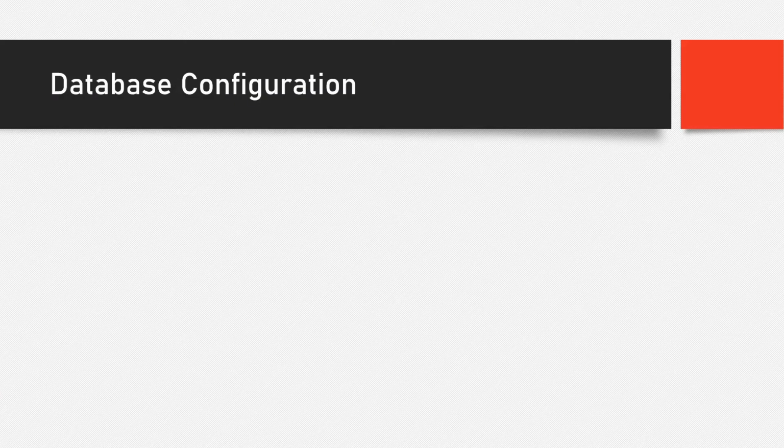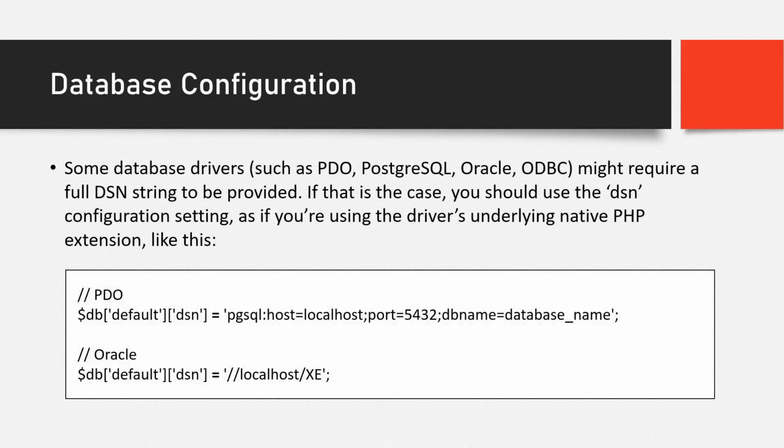Okay, so some database drivers such as PDO, PostgreSQL, Oracle, or ODBC might require a full DSN string to be provided. If that's the case, you should use the DSN configuration setting as if you're using the driver's underlying native PHP extension, which is something like this.